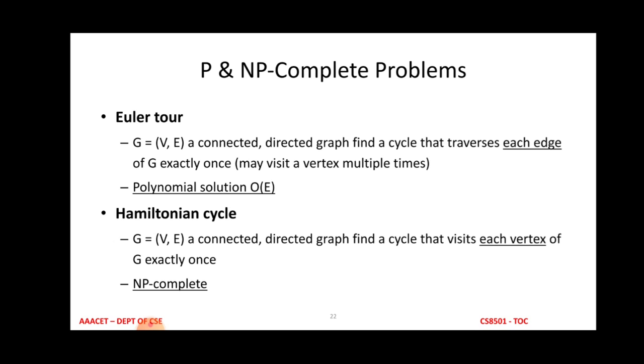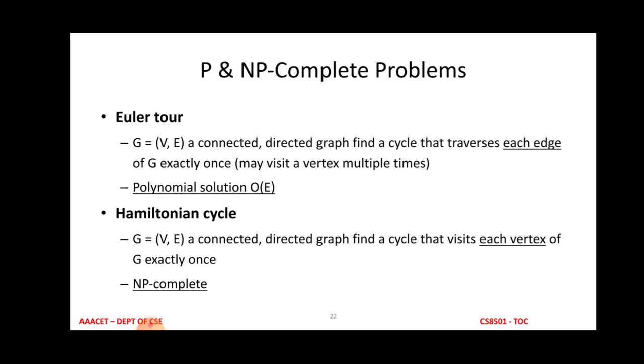Already we saw the Hamiltonian cycle as an example of an NP complete problem in the previous slides. The first one is the Euler tour. That is an example for a P problem. It is a directed graph used to find the cycle that traverses each edge of the given graph exactly once, but it can visit a vertex multiple times, right?